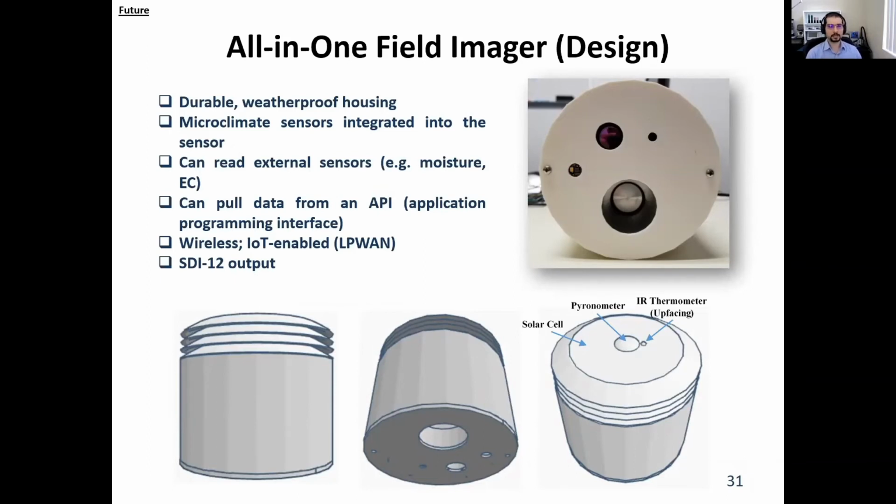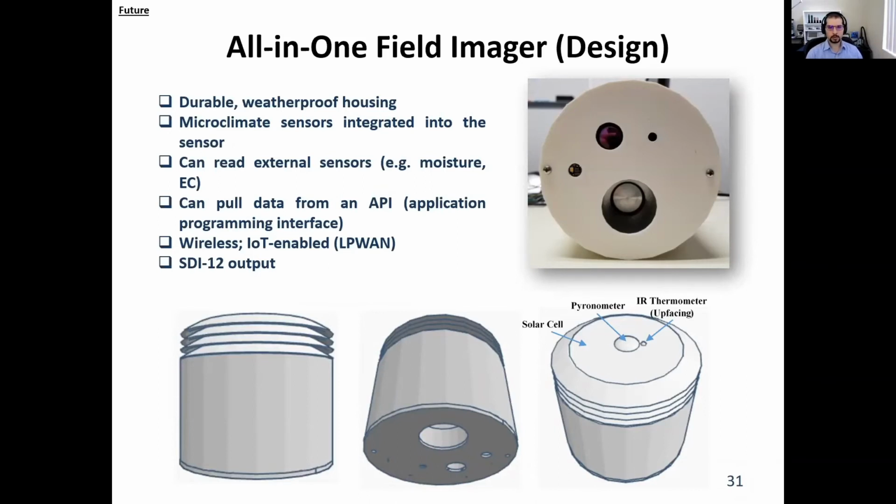I apologize for that. Okay, so this is an all-in-one field imager, or this is a design, more of a concept. I've done some work, but I have not completed this.